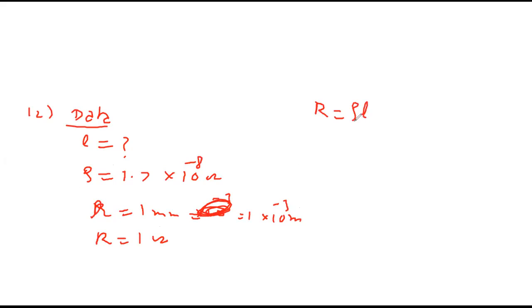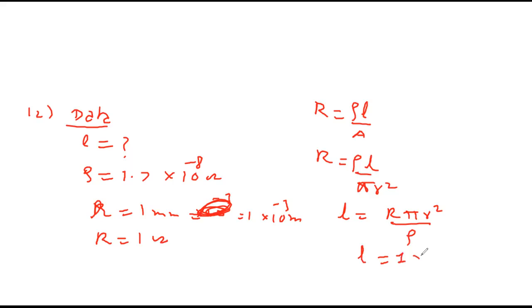Resistance is rho L upon area. Area of wire is pi r square. From this, length will become R into pi r square upon rho. So length is 1 into pi 3.14, r is 10 raised to minus 3 whole squared, and rho is 1.7 into 10 raised to minus 8.